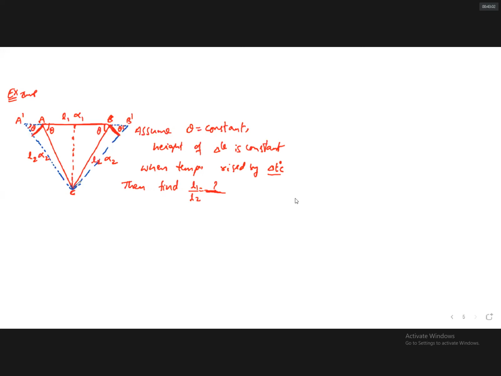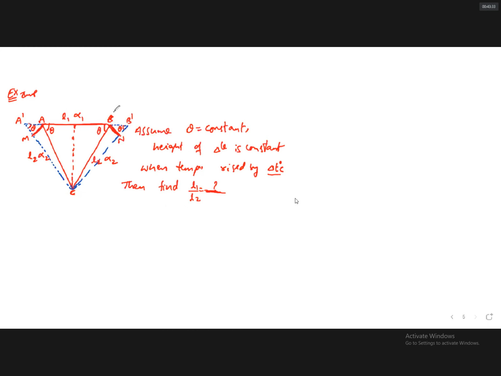The rod along AC moves from A to A dash. Therefore, the expansion of rod AC is equal to A dash M, and the expansion of rod CB is equal to NB dash. The expansion of the upper rod AB is AA dash plus BB dash, which are equal due to symmetry.